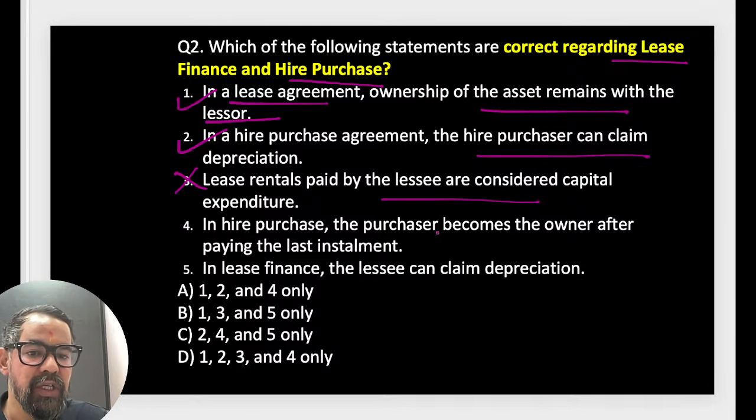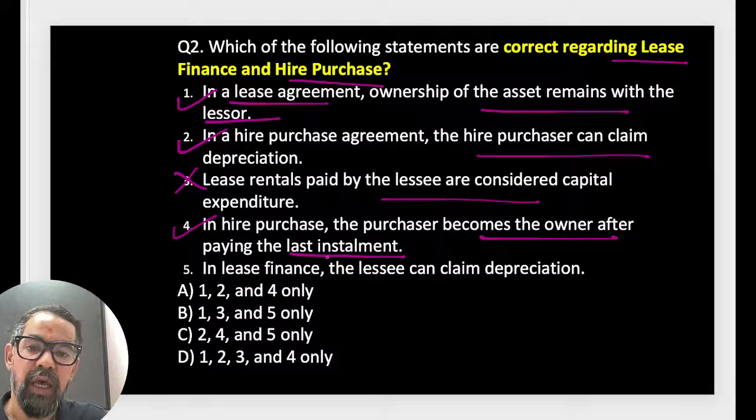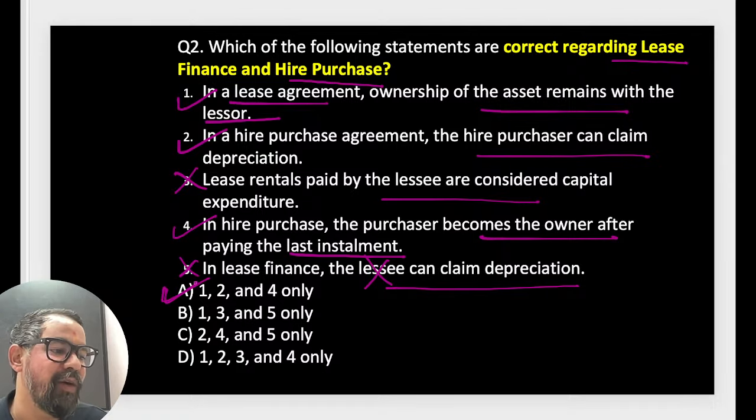In hire purchase, the purchaser becomes the owner after paying the last installment, like when we purchase a car or any other asset on EMIs. In lease finance, can the lessee claim depreciation? No, the lessor will claim the depreciation. So option A will be right. Why option B?